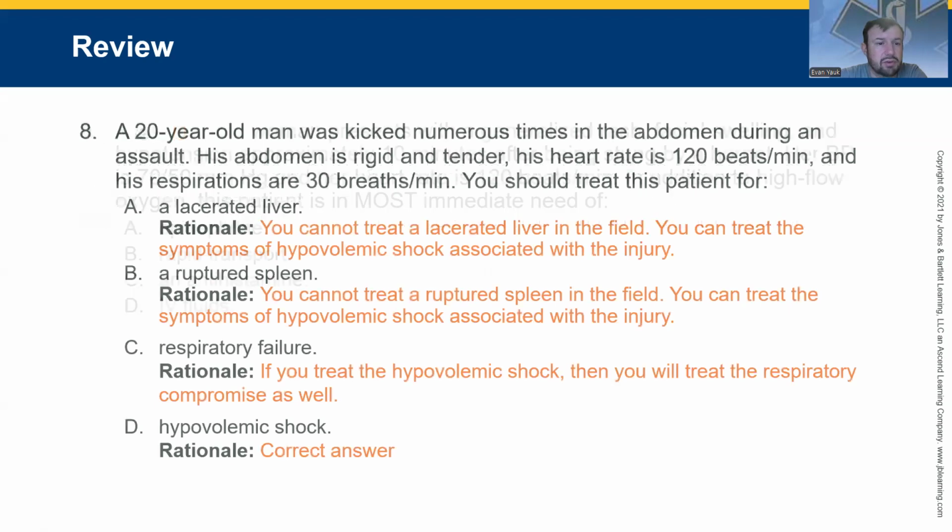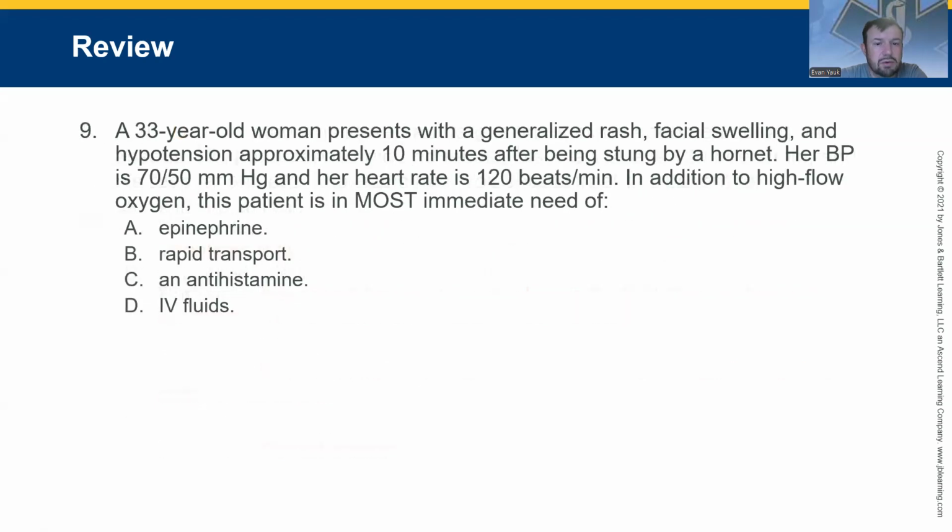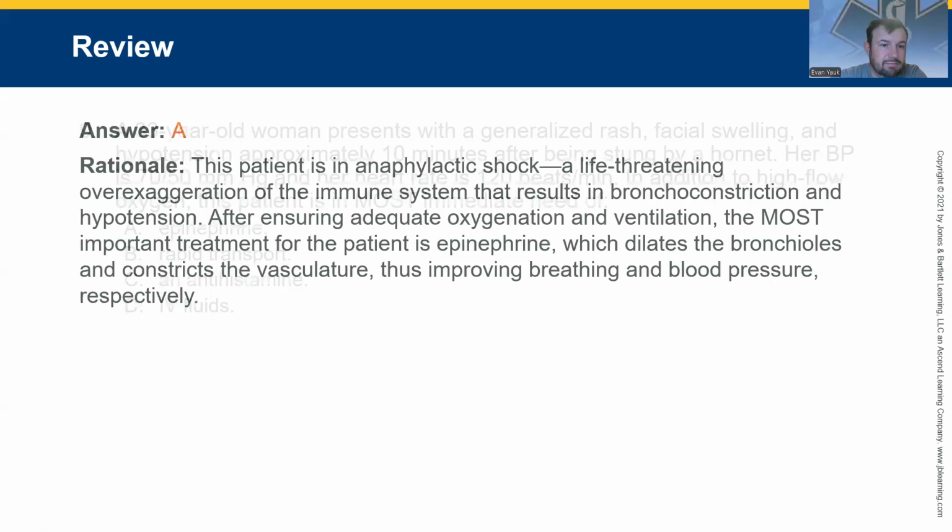He is losing fluid. A 33-year-old woman presents with generalized rash, facial swelling, and hypotension approximately 10 minutes after being stung by a hornet. Her blood pressure is 70/50, and her heart rate is 120. In addition to high flow oxygen, this patient is most in need of... epinephrine.